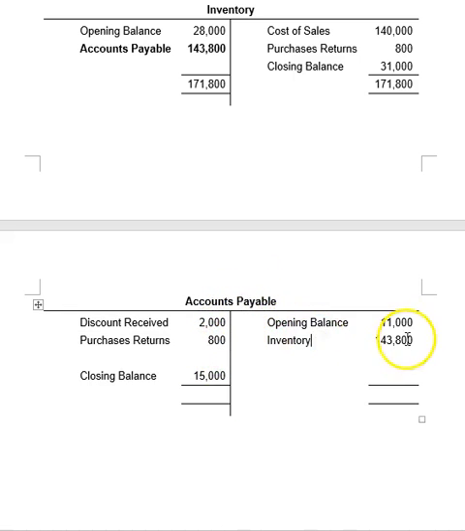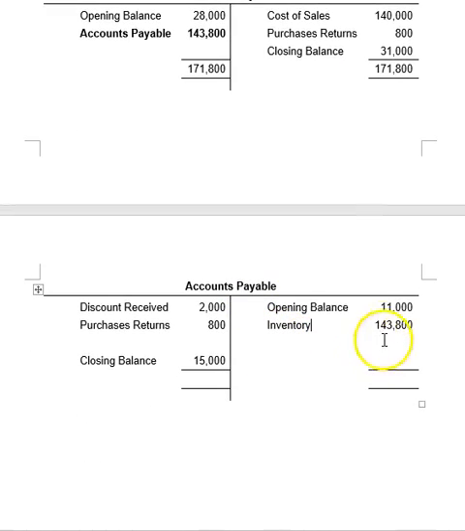Okay, so once we are done, we should wrap everything up. If you look at your credit side, there is a balance of 154,800. So on your debit side, it's supposed to be 154,800 as well for the total over here.